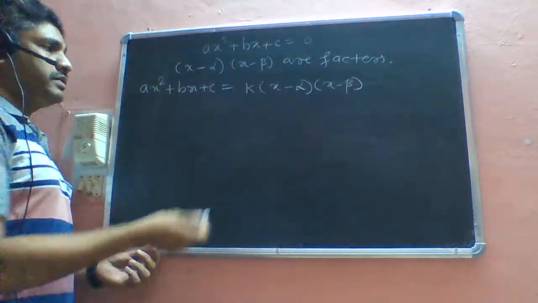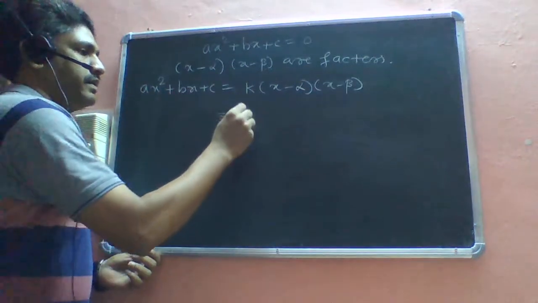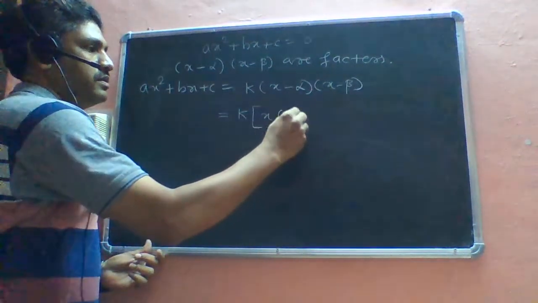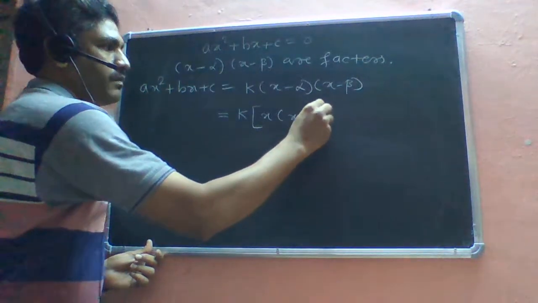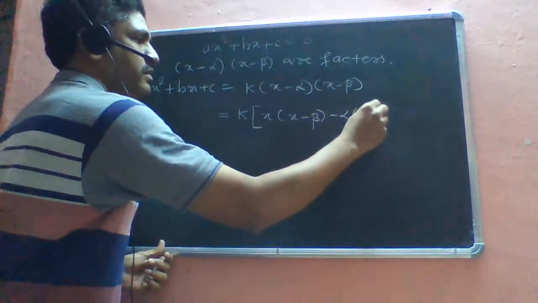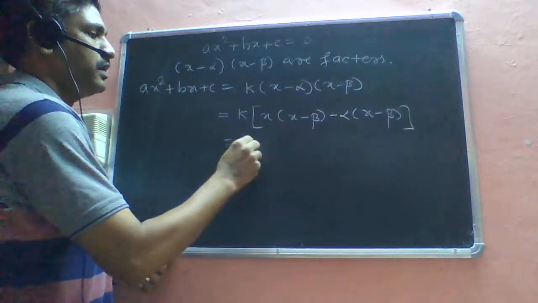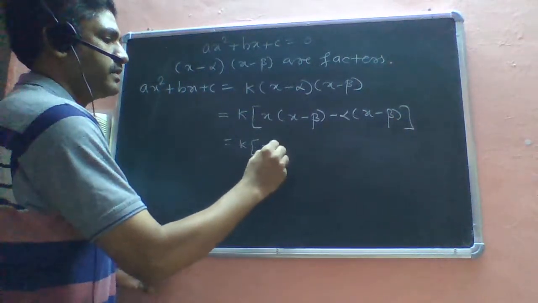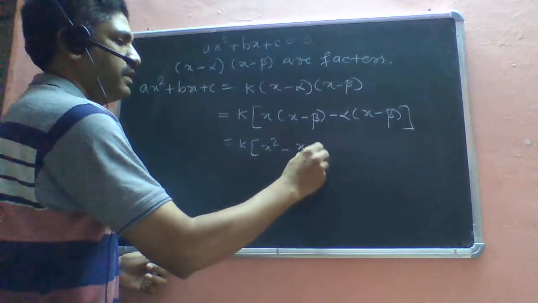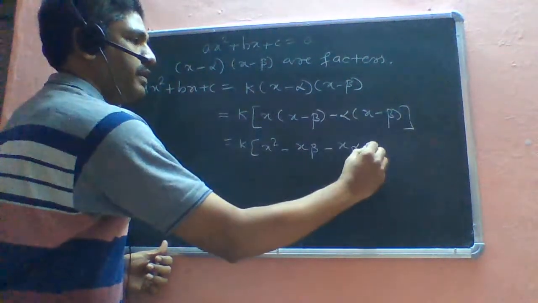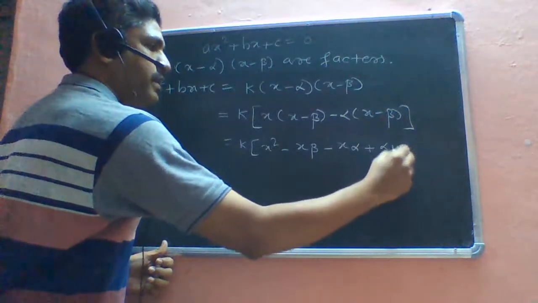Now we have to develop the relation. First, I will keep the k as it is, and I will multiply these two. So I'll get x into this total bracket minus alpha, and again this total bracket. So k, just multiplying these two, we get x square minus x beta minus x alpha, and minus minus becomes plus alpha beta.